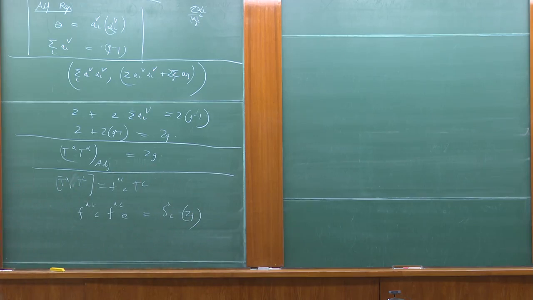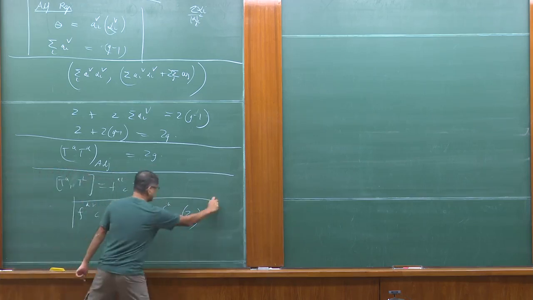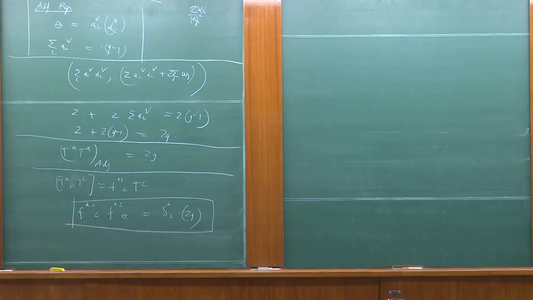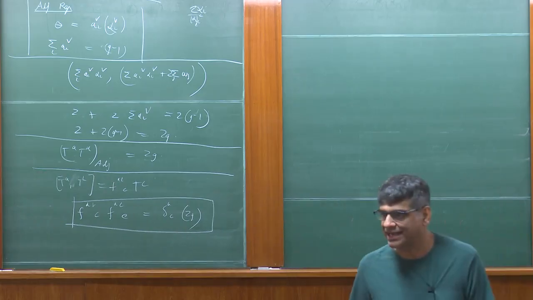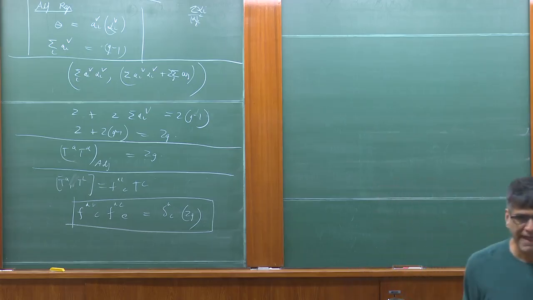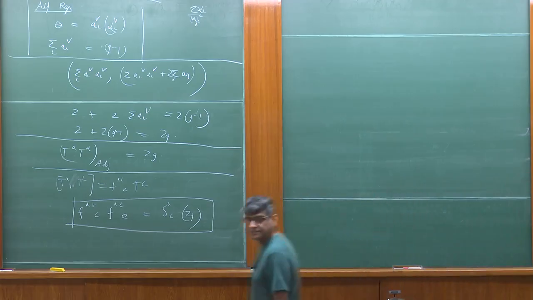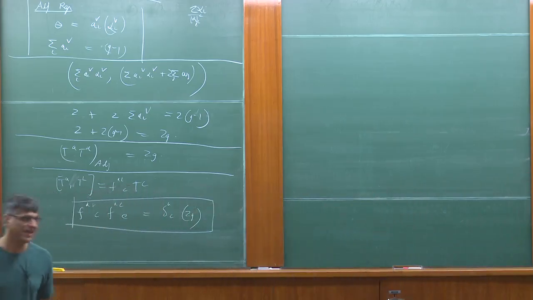So if you want, you can think of this dual Coxeter number as being defined through this equation. It's equivalent to the other definition, and it's the thing that will enter in physical calculations. It will appear in the central charge, exactly.